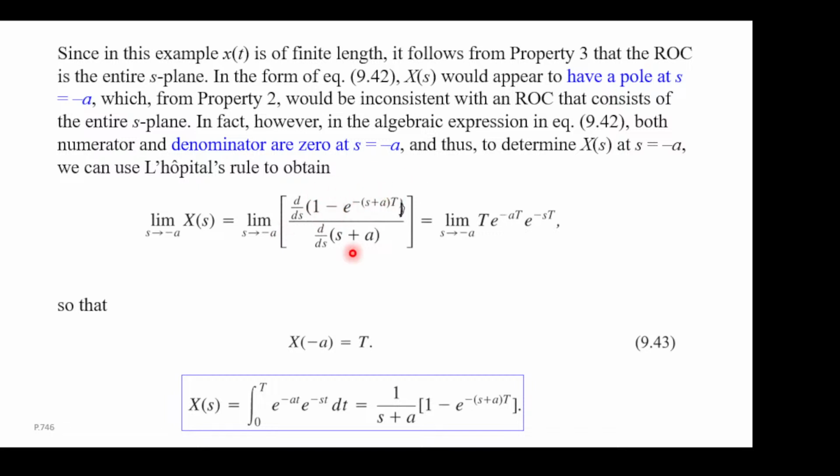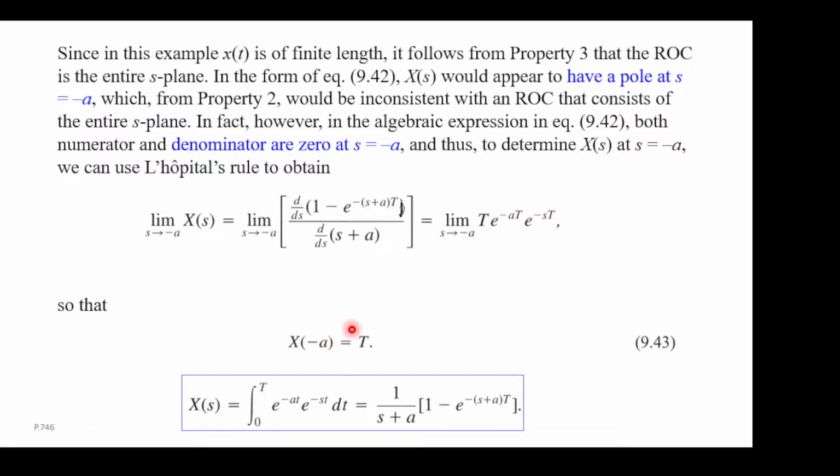So we differentiate both the upper side and lower side. d/ds of the denominator is just 1, and on the upper side the 1 goes away, and you get minus T times the minus sign, so you get plus T, and then the exponential. When you take s equal to minus a, the exponential just becomes 1, so X of minus a equals T, just this big T here.